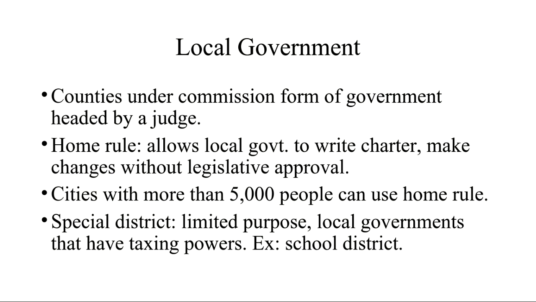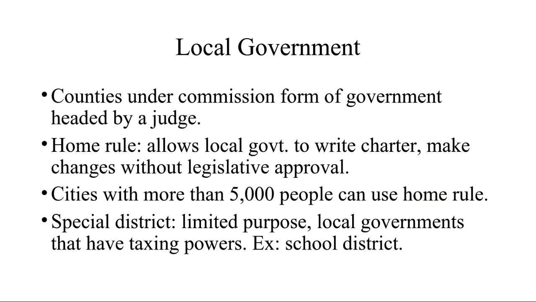There's also the ability to use what's called home rule. Basically, the legislature will say, you can write your own charter, you can elect your own officials, you can pass whatever laws you need, provide services, as long as it doesn't violate the state constitution or state laws.